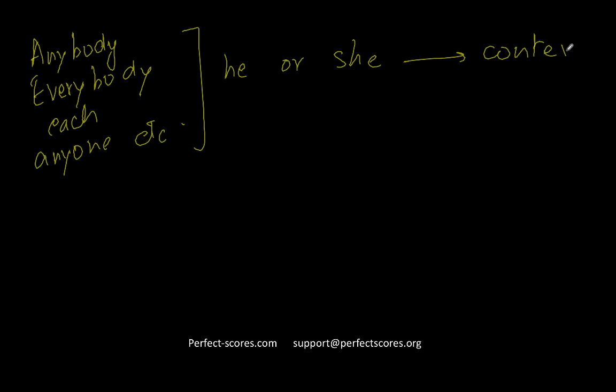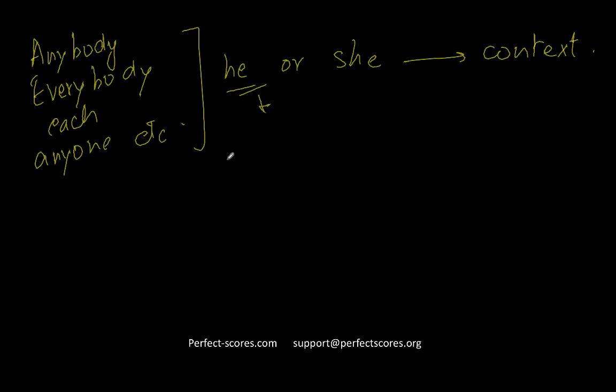There's no clear-cut rule that you always have to use he, or you always have to use she, or you have to use him or her. For example, everyone can do his homework, or everyone can do her homework. So it actually depends on the context, the meaning of the sentence. There is no clear-cut rule.